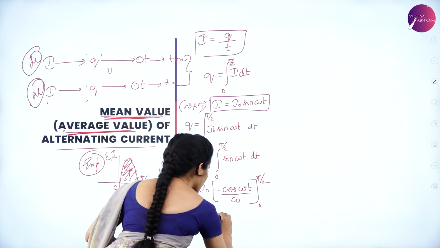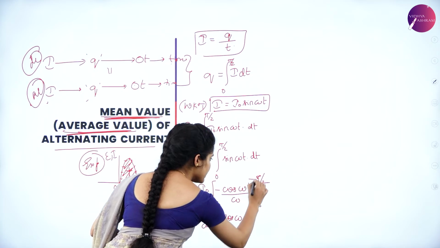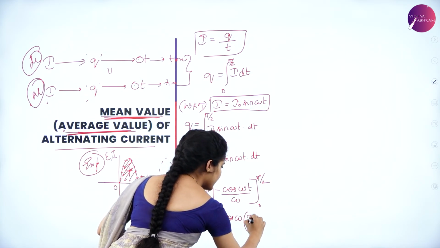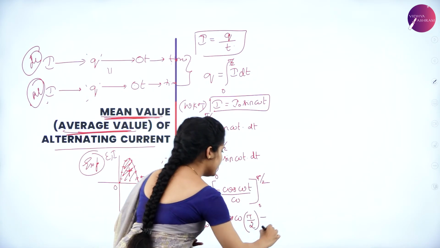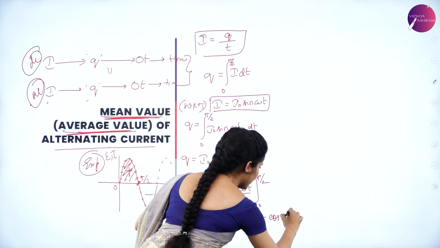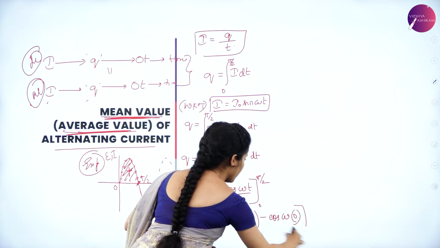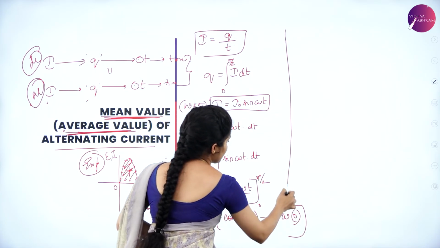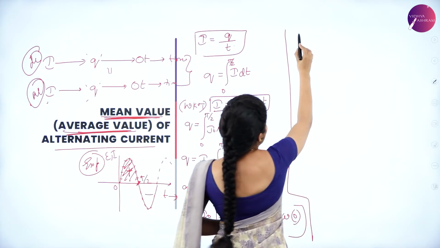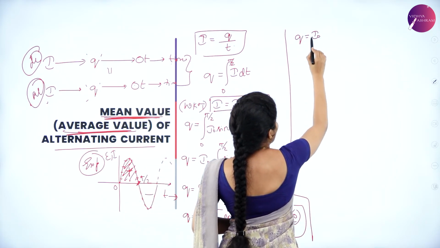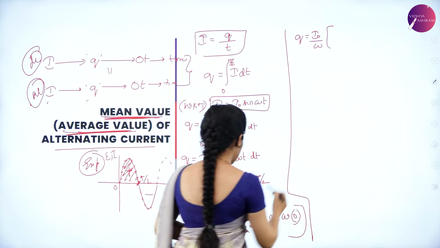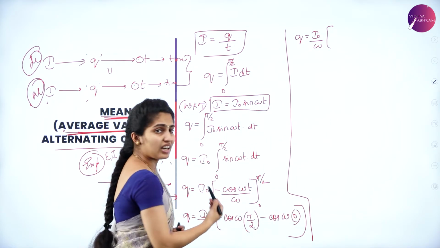You have minus cos omega, substitute this, you have T by 2 minus cos omega into 0. So now, considering this complete thing, we have q is equal to I naught by omega and minus cos omega T by 2.